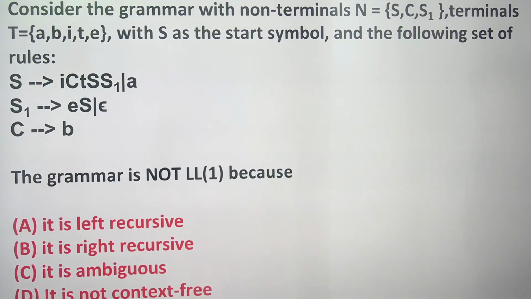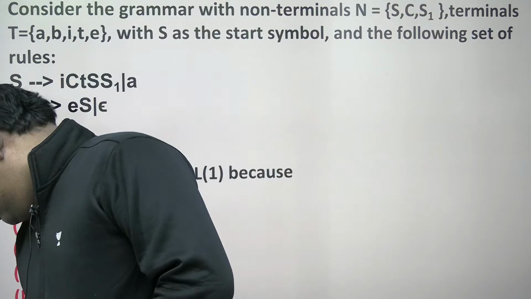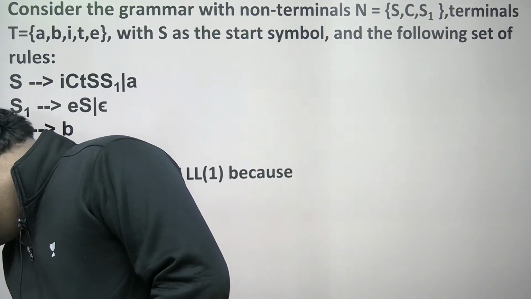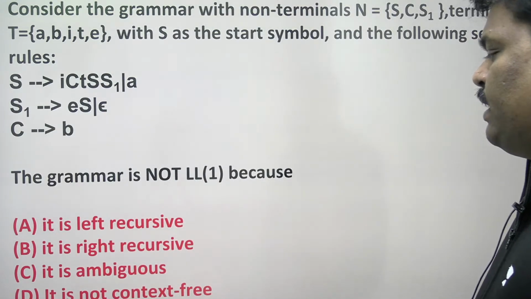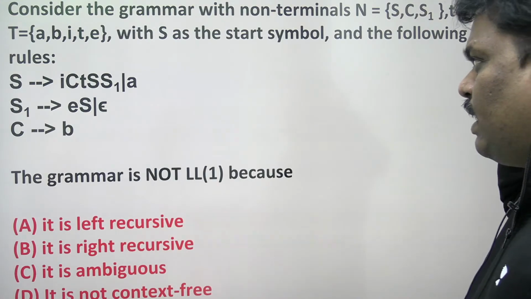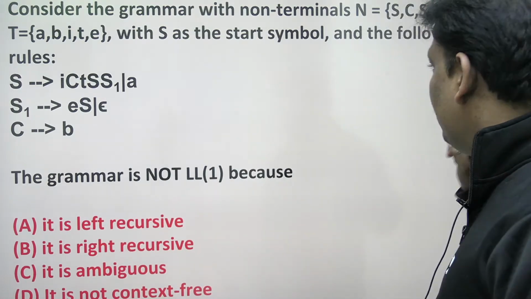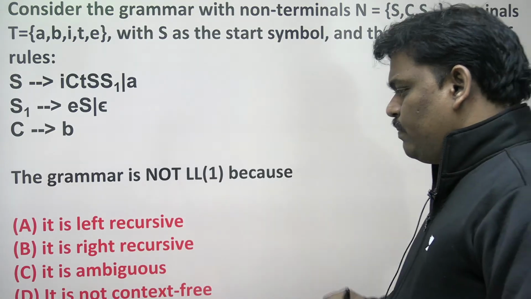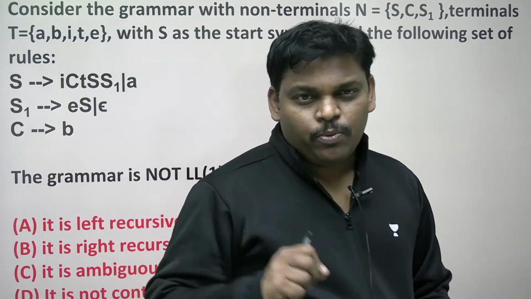It is a nice problem. Can you check once? This is not LL1. What will be the reason? Someone is saying C. Someone is saying it is ambiguous. If anyone says it is ambiguous, can you give one string where multiple parse trees are possible?